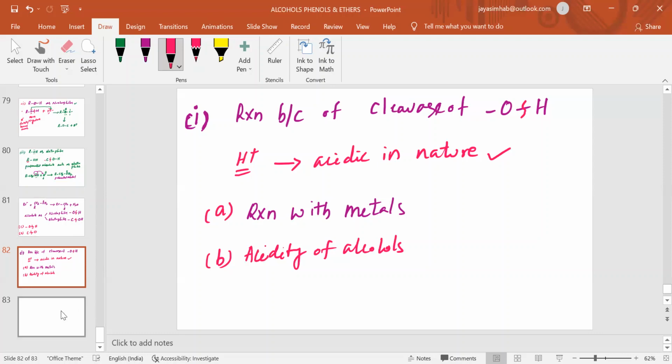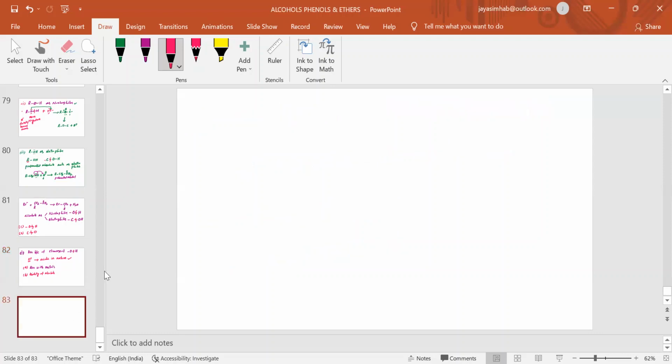So we'll see the general reaction of alcohols with metals. A, I'll write how they will react. Generally, as I told you, alcohols react with sodium, potassium, alkali metals, and even calcium, even aluminium. So ROH reacts, and here the important thing is you will get a sodium alkoxide, or metallic alkoxide, plus hydrogen gas.